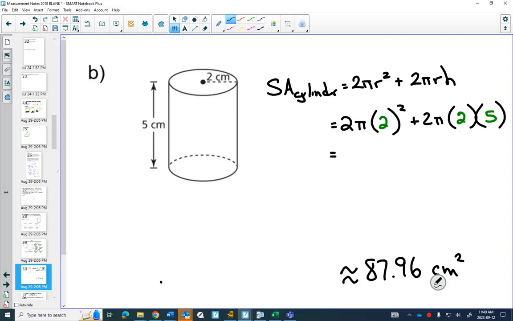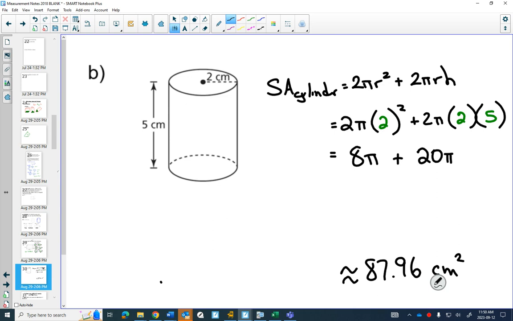Mental math here would say, I have 2 squared, which is 4, times another 2, which is 8, still times pi, but I'm going to leave that as 8 times pi, or 8 pi. Same thing here. 2 times 5 is 10, times 2, that gives me 20, and it's still times pi, which is 20 pi.